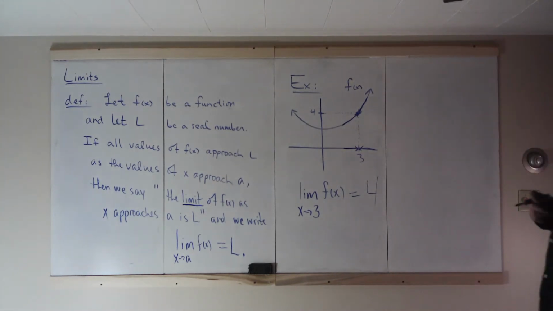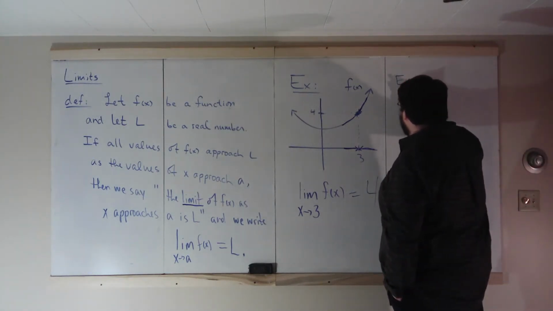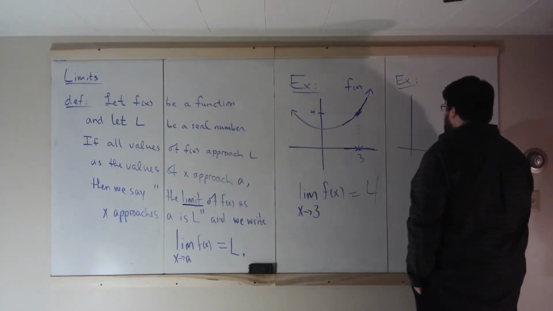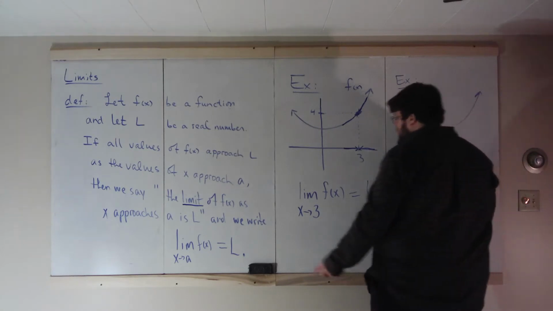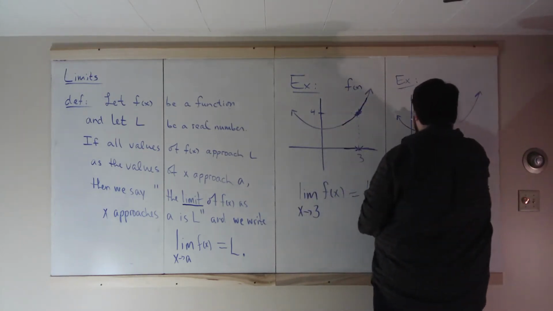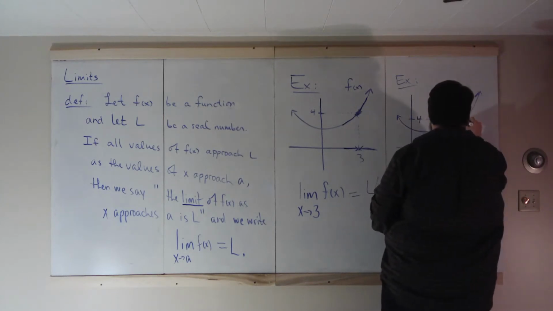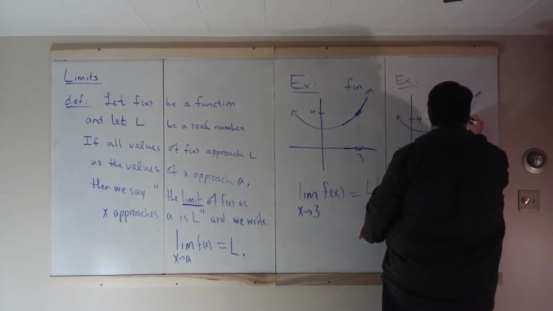Let's look at another example. Let's mark off 4 again. I'm again going to do that dotted line thing to make it absolutely clear where we are.